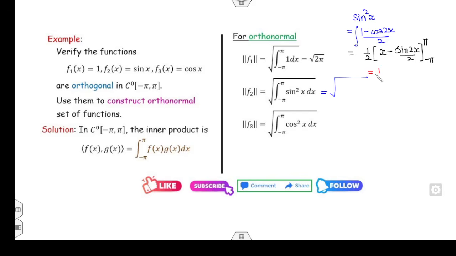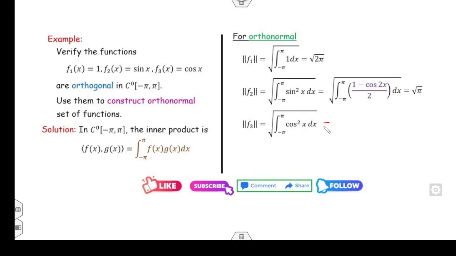If you substitute pi, it is pi. Sine of 2 pi will be 0. Minus minus, plus pi. Sine of 2 pi will again be 0. So it is pi. The norm is the root of pi. Similarly, you can compute this number. Again, you will get the answer as root pi.